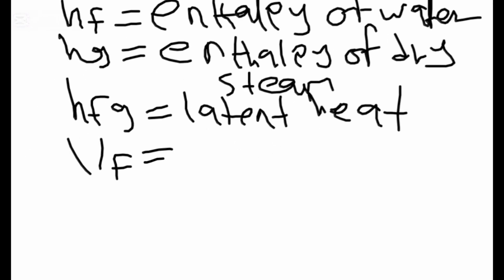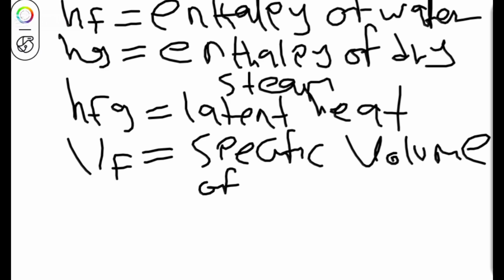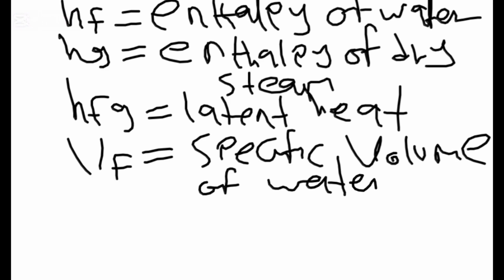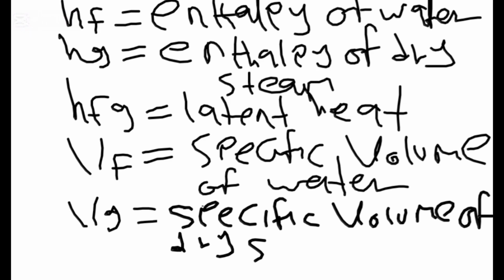And we have the vf, which is the specific volume of water. And we have the vg, which is the specific volume of dry steam.